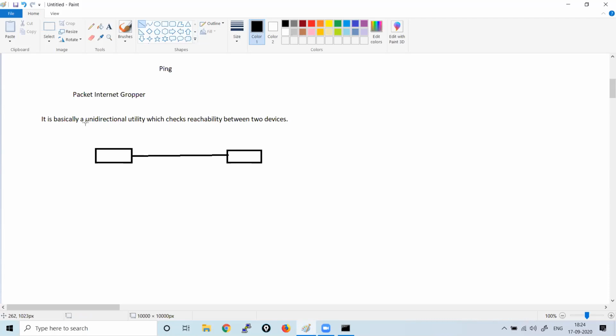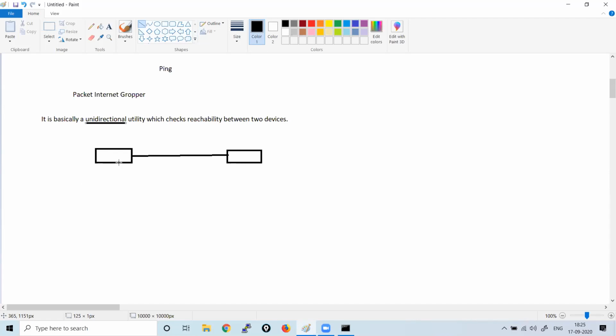What is the reason for me to call it unidirectional? It should be bidirectional, right? But it would be bidirectional only when the other device is also initiating some traffic. He's not initiating any traffic. He's just responding to the traffic which has been initiated by the source device. Am I clear with this?